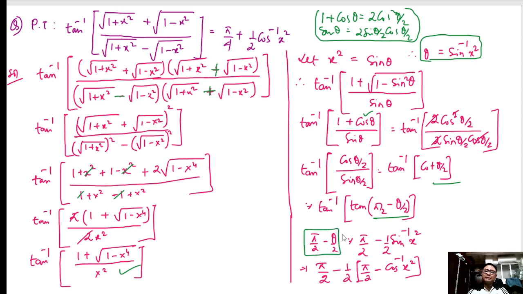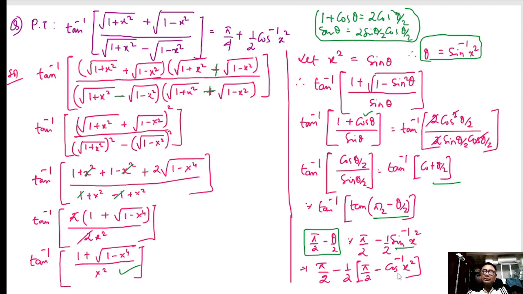Now we have to replace the theta. So what is theta? Theta is sine inverse x square. So here, instead of theta, replace this. But please note here, sine inverse x square, how to write it?